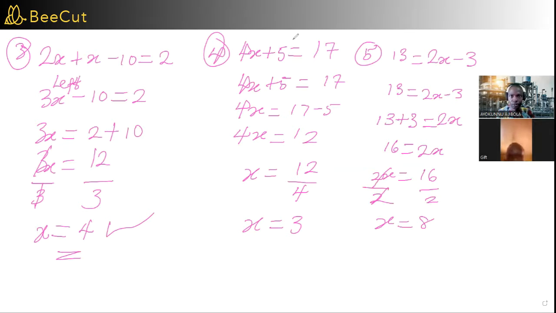Put up one more question, solving simple equation.